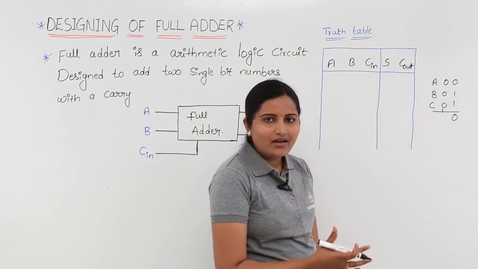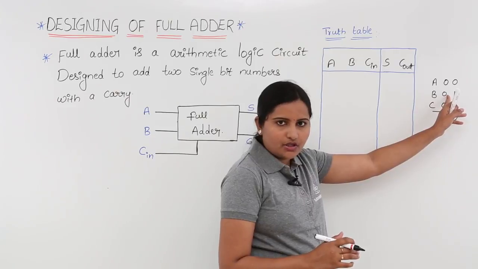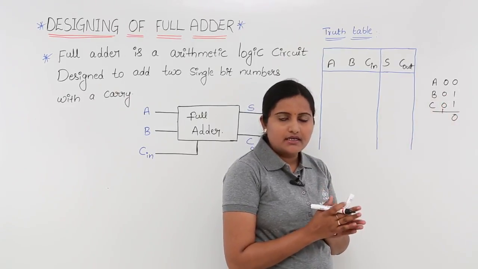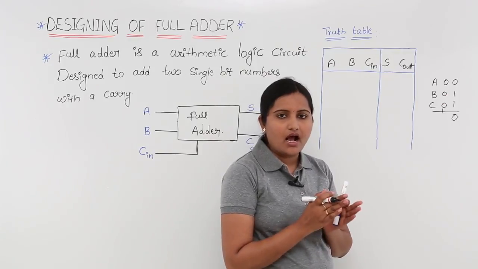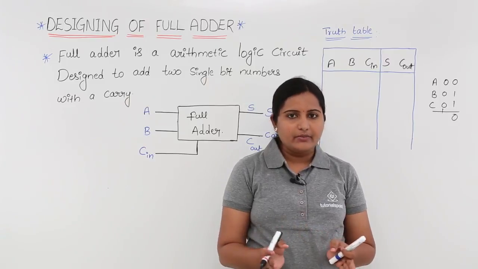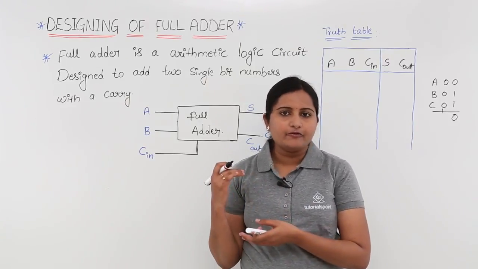But the second half adder has to add 0 plus 0 and this carry 1, which means adding 3 bits, and it is not going to add 3 bits. In a half adder, adding a carry is not possible. That is the limitation of the half adder.